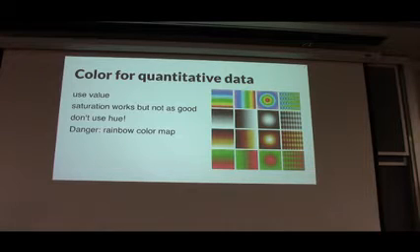It looks quite different in the rainbow color map, where you have these strong boundaries, and these strong boundaries are really more of an artifact of your color scale and not something that is natural about the data. Another problem is that these boundaries on the rainbow color scale are very often not of the same size, especially if you use the proper rainbow color map, as we have in electromagnetic light.